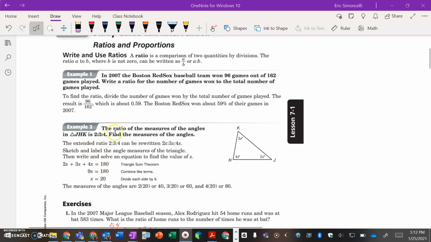Example 2. The ratio of the measures of the angles in triangle JHK is 2 to 3 to 4. The angles are also represented with variables, with J being 2x, which is technically what it should be because J comes first in the setup. H should then be, well, they have it as 4x.